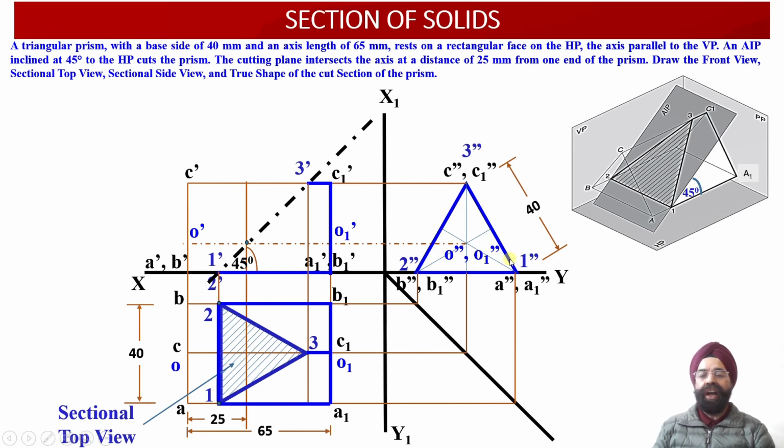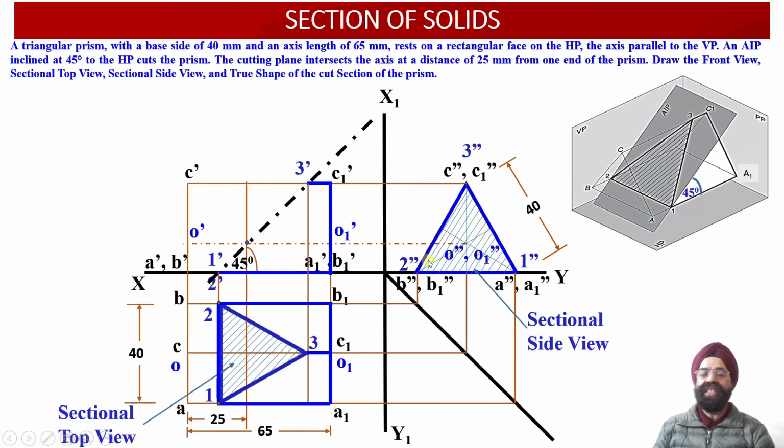Now we have got the section side view as 1 double dash, 2 double dash and 3 double dash, which is once again the apparent shape projection corresponding to the side view of this cut section over here. This is going to be the section side view, which is once again an apparent shape projection corresponding to this cut section.